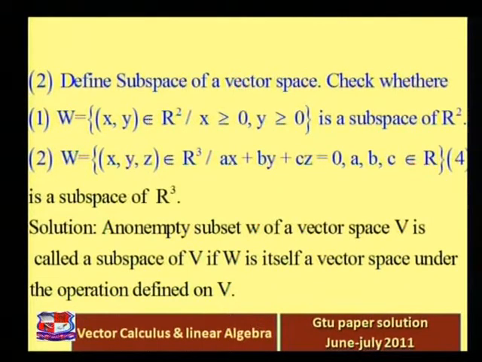If u and v belong to W, then u plus v should be in W. And for scalar multiplication, for any u belonging to W, k into u belongs to W.